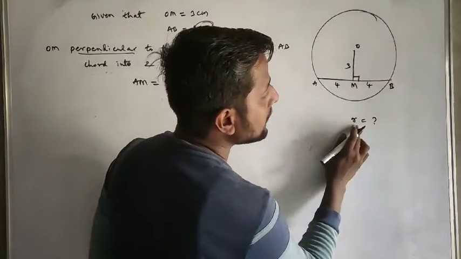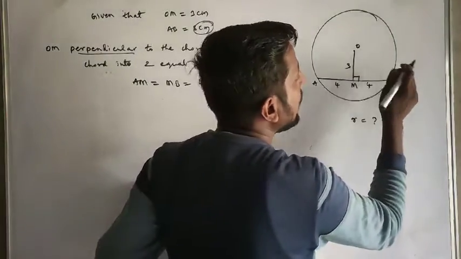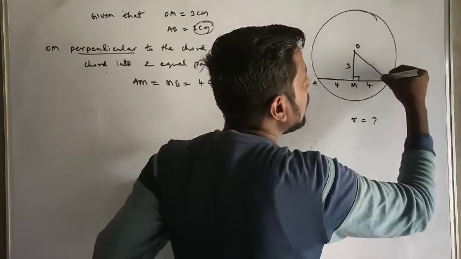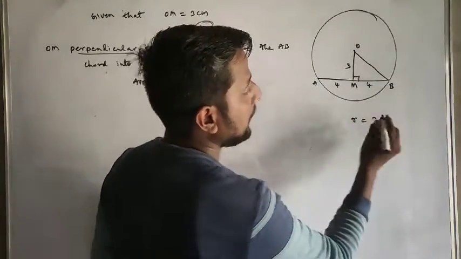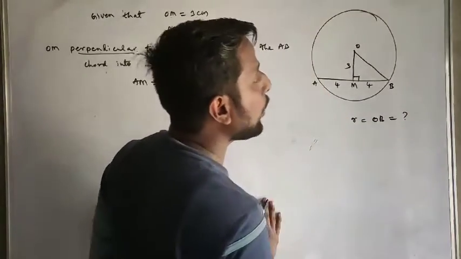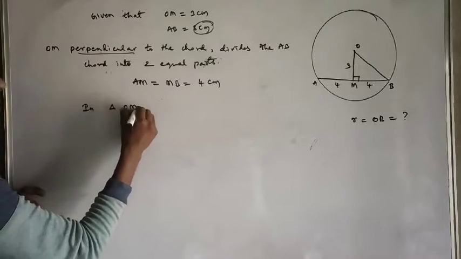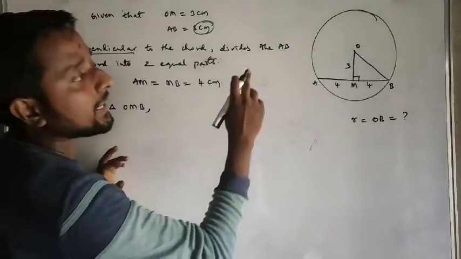What is the radius? The radius is the distance from the center to any point on the circle. Here O is the center and B is a point on the circle, so the radius is OB. Now we should find the value of OB. In triangle OMB, it is a right angle triangle.